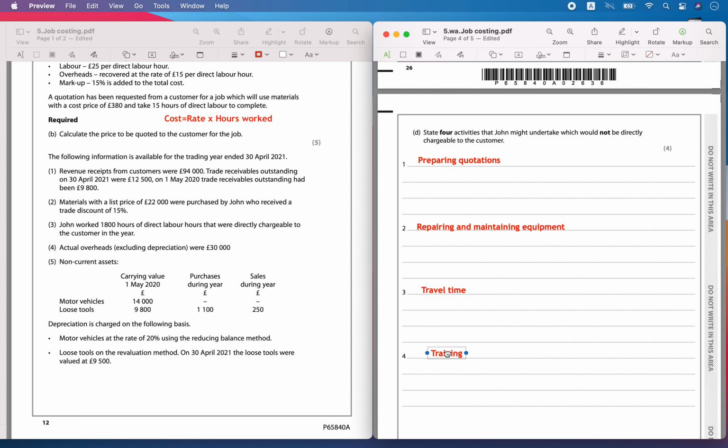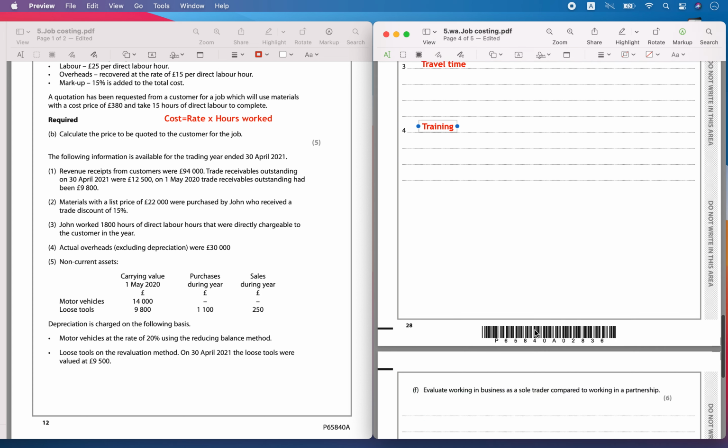Then the travel time he would take to go to an office and prepare a job quotation, he is not going to include in the job quotation. And if he has got some training or knowledge or reading of books to prepare and understand how to do a quotation, he will not include that cost in the job quotation.